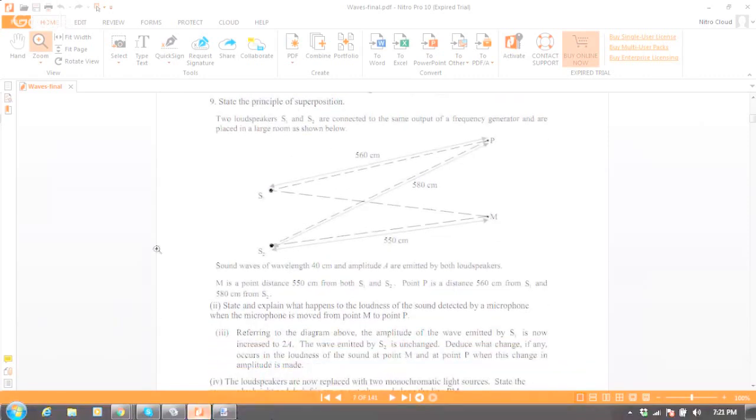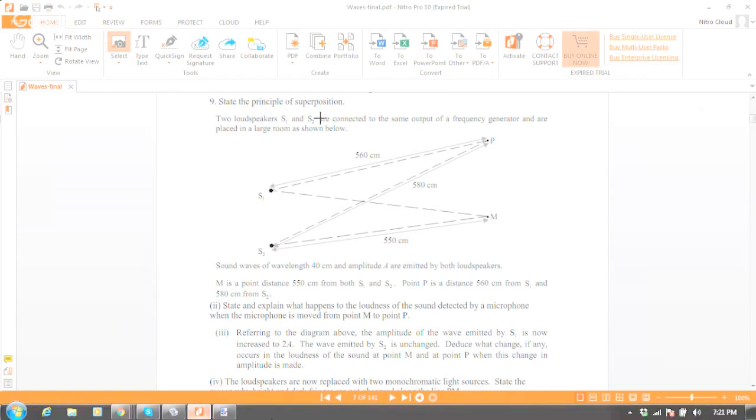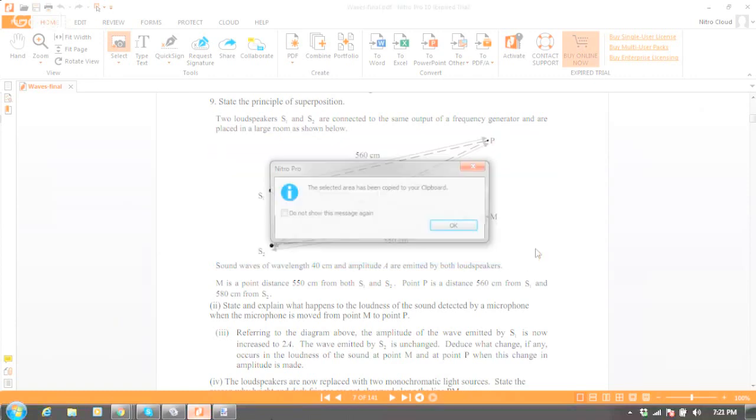It says that two loudspeakers S1 and S2. Again, let me pick this diagram. Something really well defined. Yeah, that looks good.